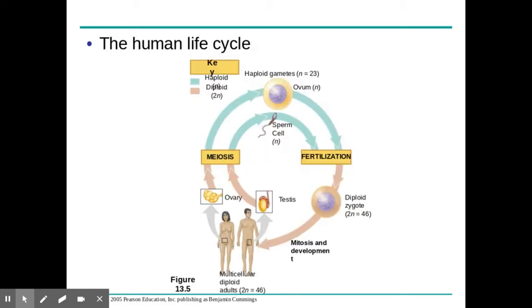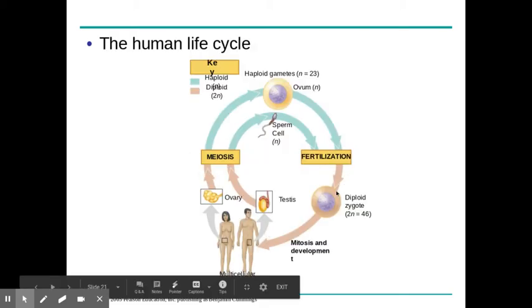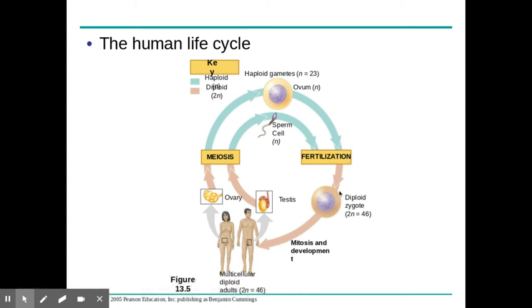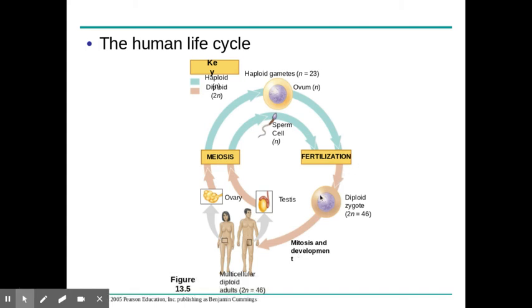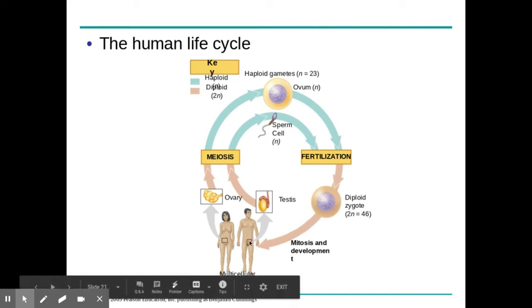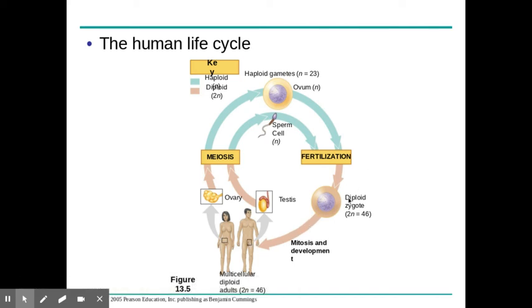So this would be the human life cycle. This would be the organism after fertilization, which it is important to point out that after fertilization, organisms develop by mitosis. So mitosis and development go hand in hand. So you would go from a single-celled zygote to an adult organism through mitosis, creating identical cells.